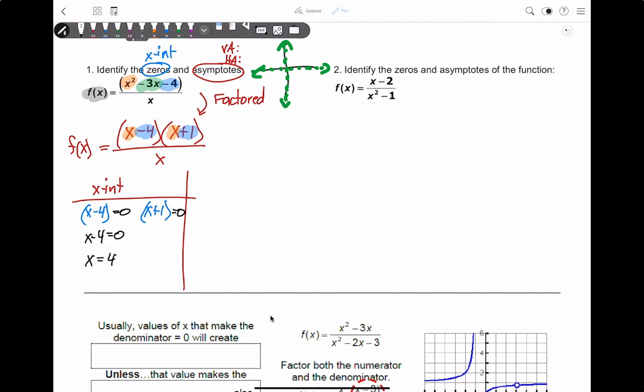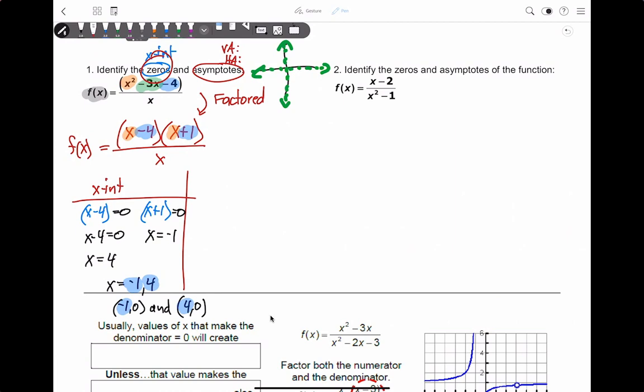Move everything over so that x is alone, and the same thing here, so that you would get x is negative 1 and 4, or negative 1, 0 as a point and 4, 0 as a point. These are the two x-intercepts, and you could list them out like that. Either notation is correct.